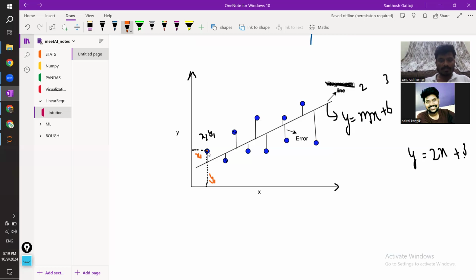If you draw a projection, wherever it is falling, that will be the y as predicted by this line.